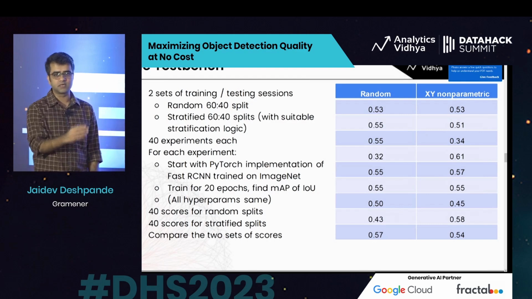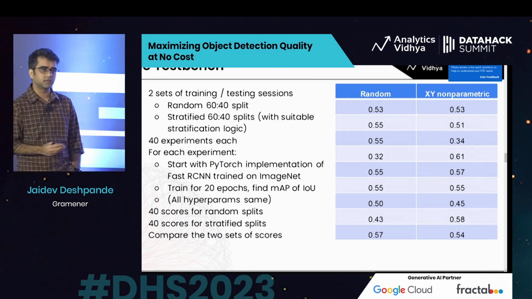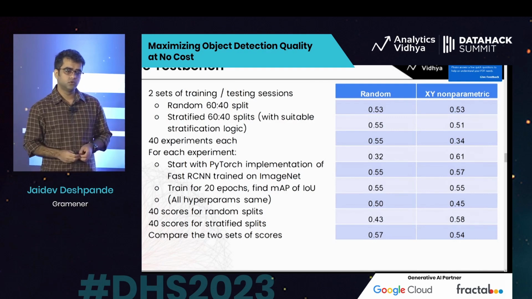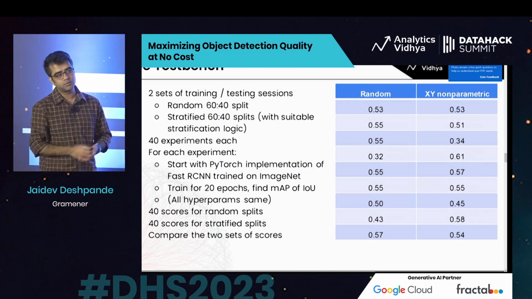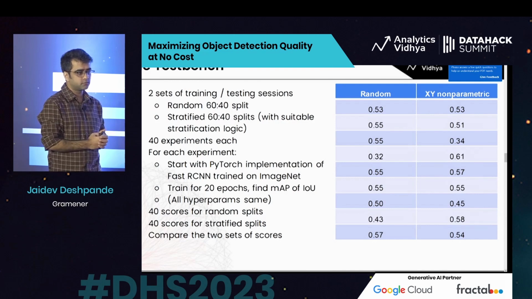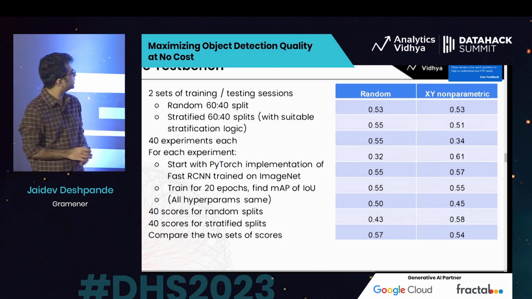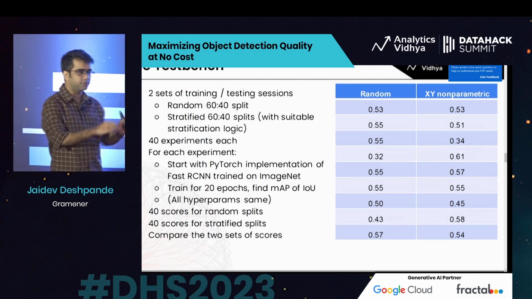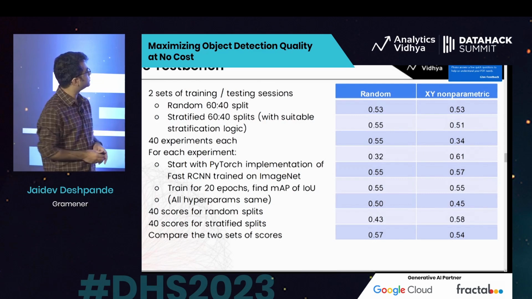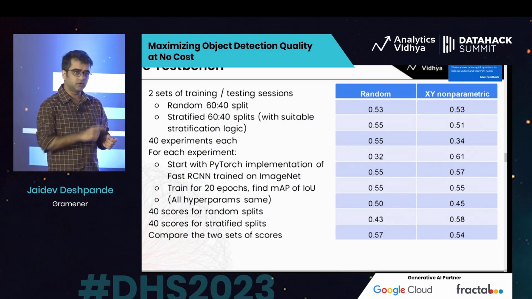Metrics in this case are standard mAP of IOU and dice coefficients and things like that, right? And then try to compare these 2 figures. So there are 40 random split experiments, each starting from scratch and going up to 20 epochs for a given Faster RCNN implementation, which again preloads with ImageNet, the default PyTorch implementation. And then you stratify the data and do exactly the same thing.